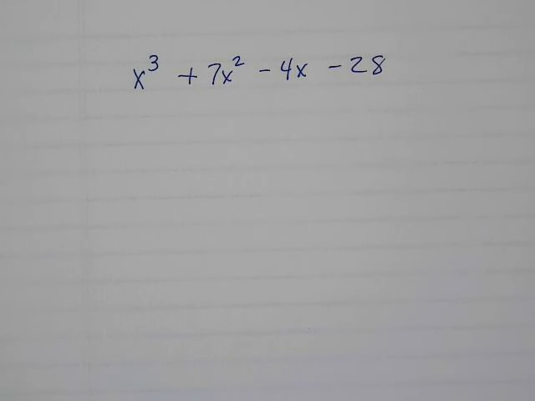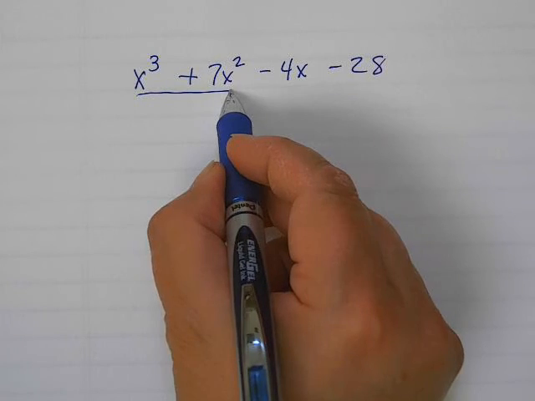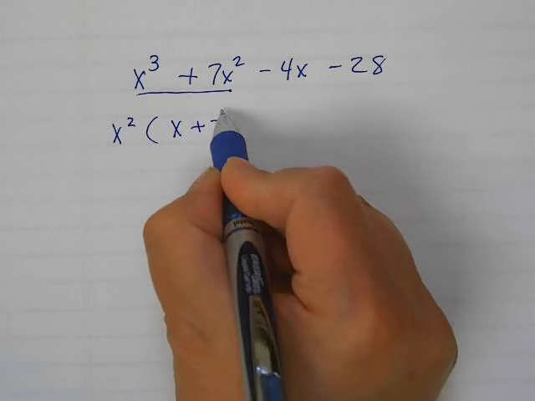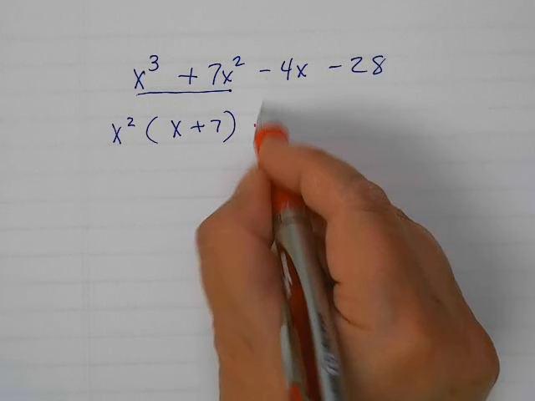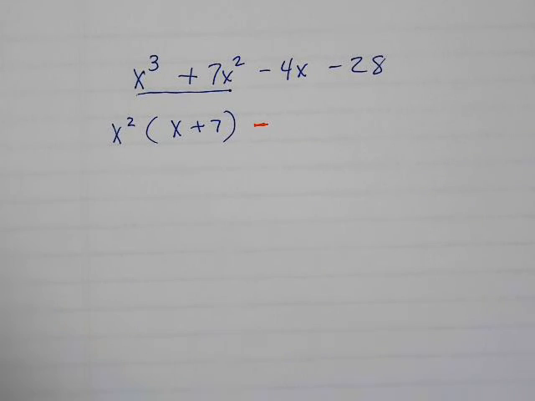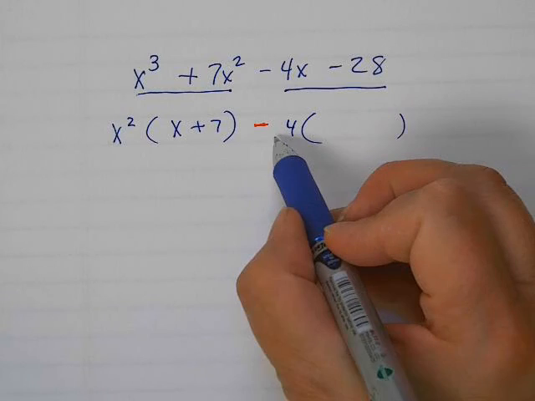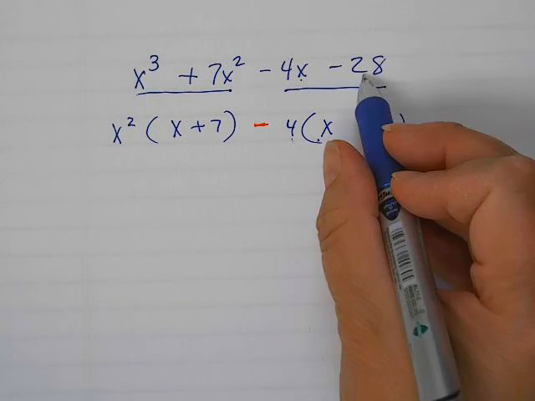All right, let's try it. So I'm going to look to see here what they have in common. They have an x squared, and what's left is x plus 7. I'm going to bring down the symbol in between and factor out a common factor here of 4. So negative 4 times what? It'd be x. Negative 4 times what gives me negative 28?